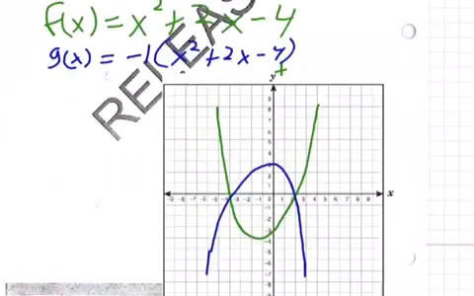And if I drew that a little better, you could see that this is actually a reflection along y equals 0. So we could reflect it along y equals 0.